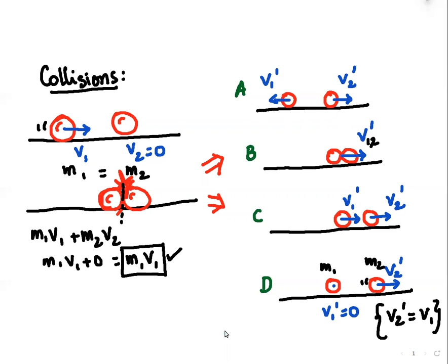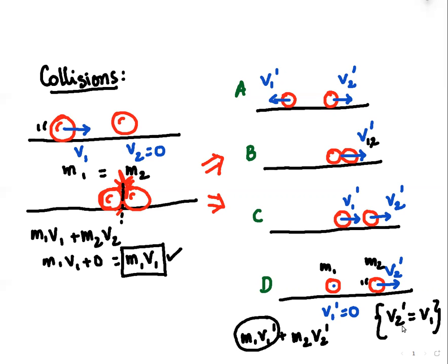The momentum will be m1 v1 prime plus m2 v2 prime, correct? v1 prime has become equal to 0, so this whole thing becomes 0. So what do you have over here, m2 v2 prime.